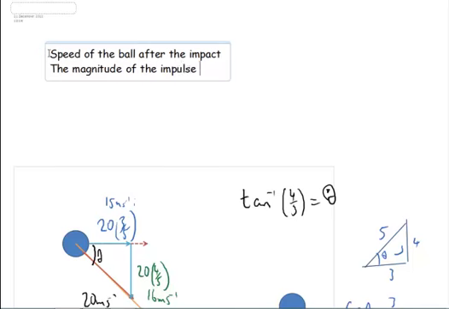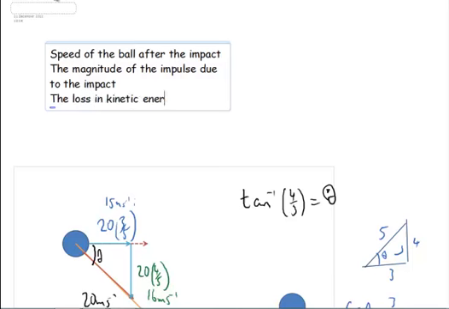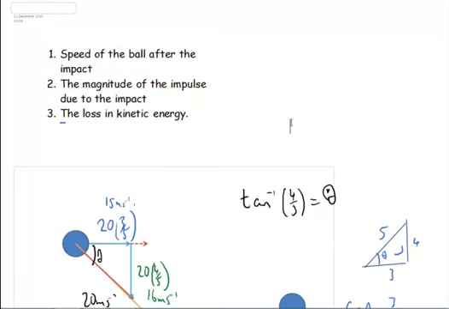Impulse due to the impact, and loss in kinetic energy, and I'll leave it at that for these questions here. Just number them. So those are the three things we want to work out from this problem.